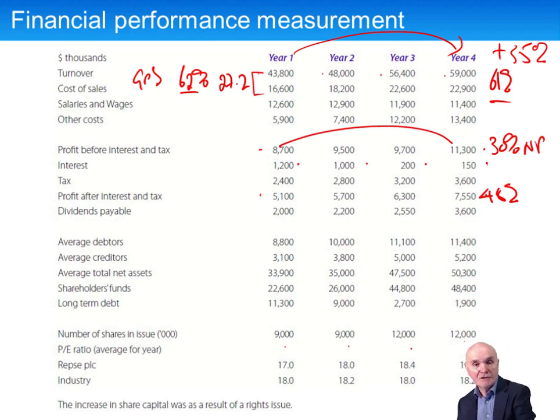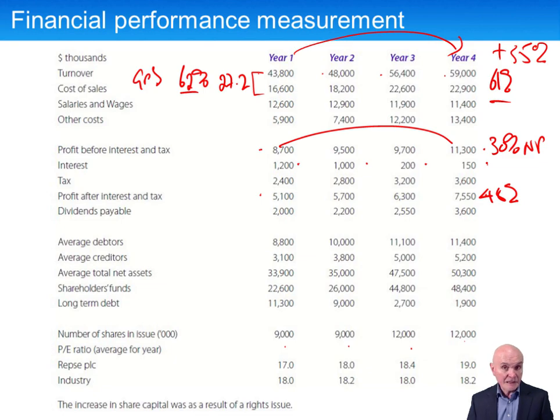We have issued shares, and presumably this has taken the place of, or refinanced, some loan capital. And it's very good indeed to see that the profit after interest and tax has increased massively. This is the profit that's going to be available to the shareholders.